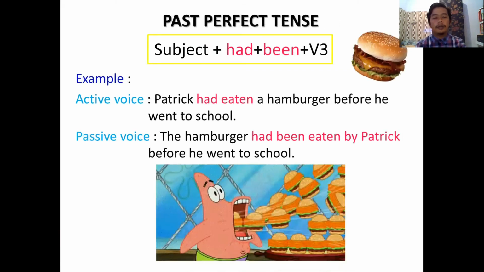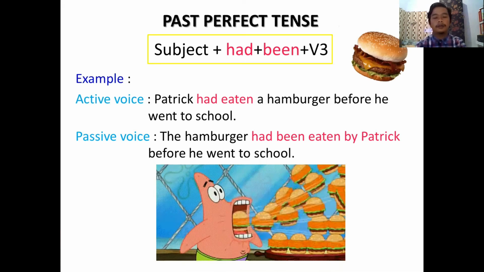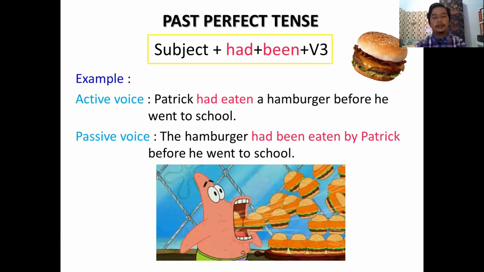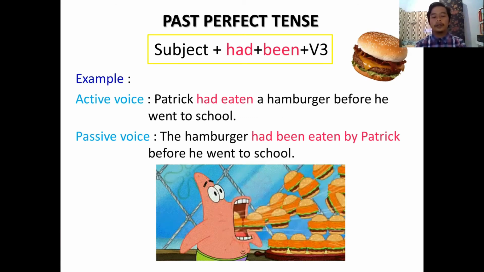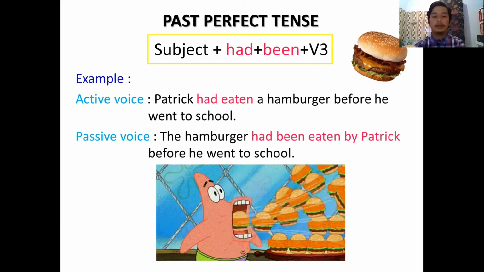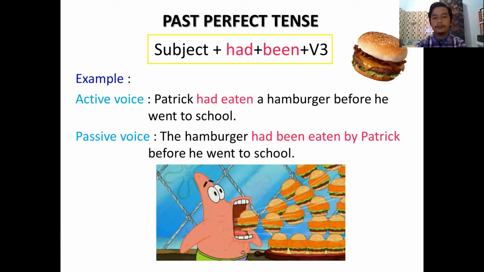Okay, the past perfect tense. Subject plus had plus been plus verb 3. Okay, the example is: Patrick had eaten a hamburger before he went to school. In the passive voice we change the sentence, dan terdapat sebuah imbuhan untuk memperjelas keadaan tersebut dan kalimat tersebut. The hamburger had been eaten by Patrick before he went to school. Okay.